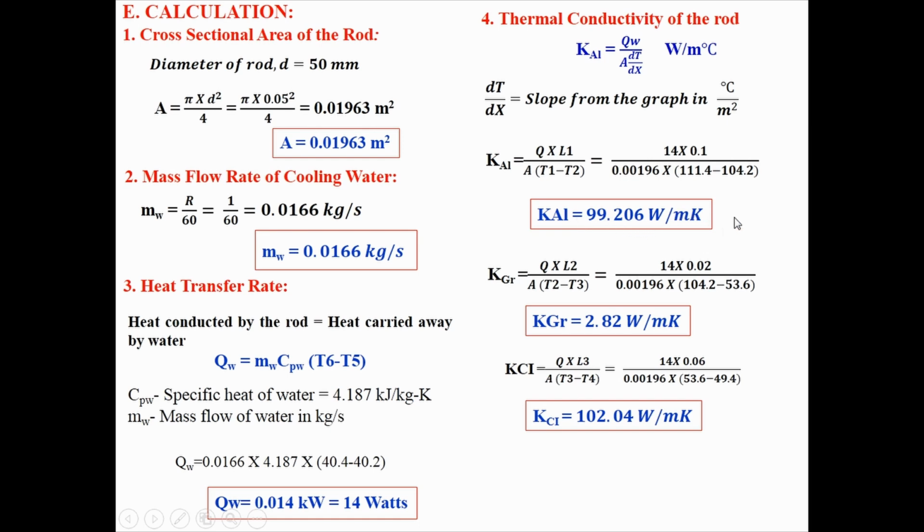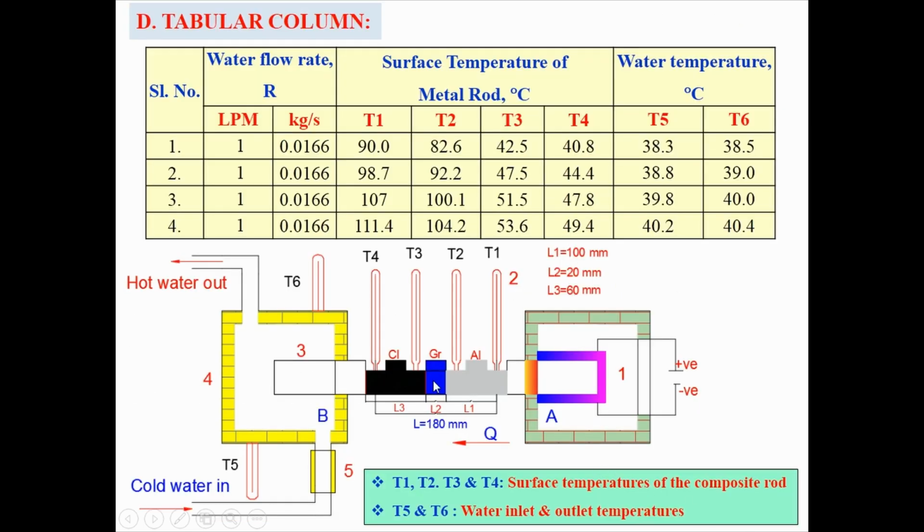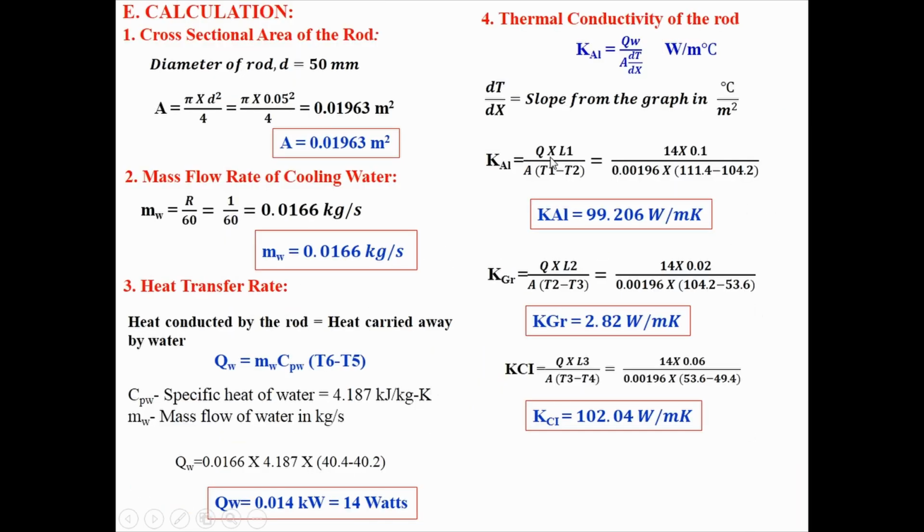This is the first material. Similarly, go to the next material. What is the equation? This is the same equation. If you are doing it for the second material, you have to consider L2 and the second material temperature.